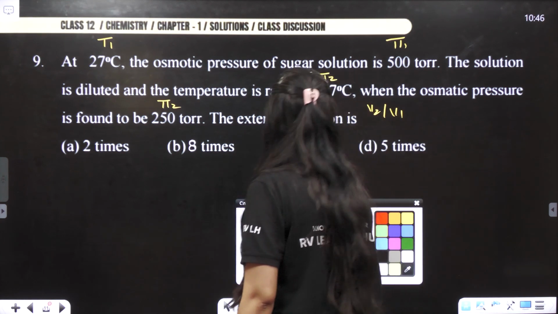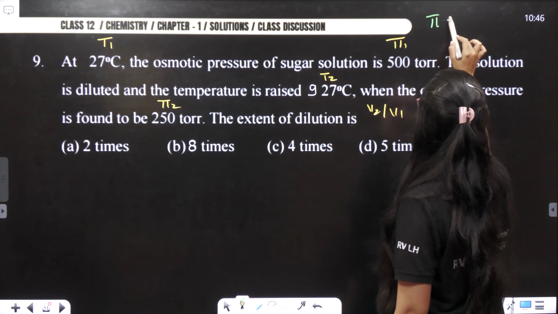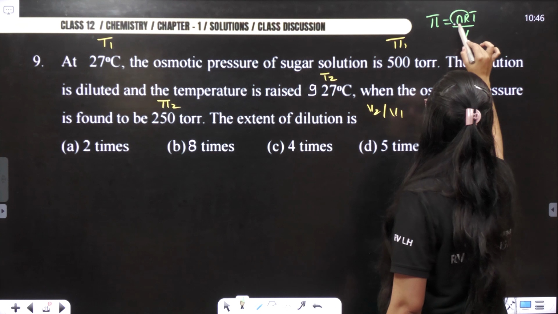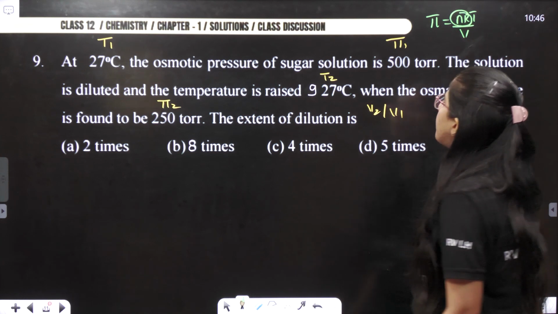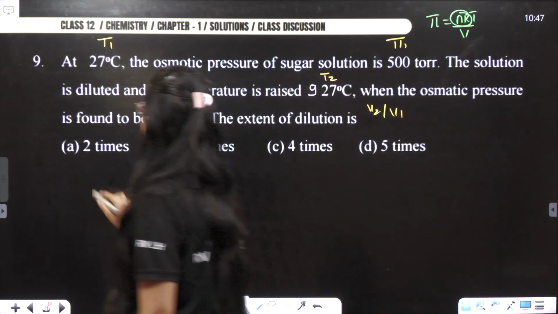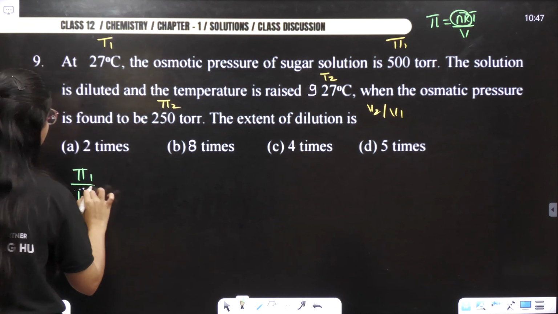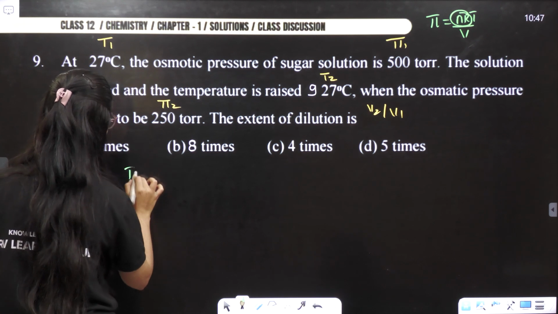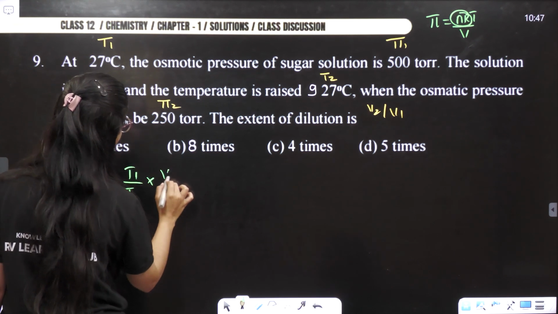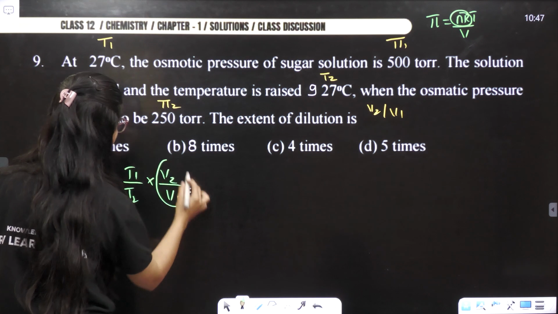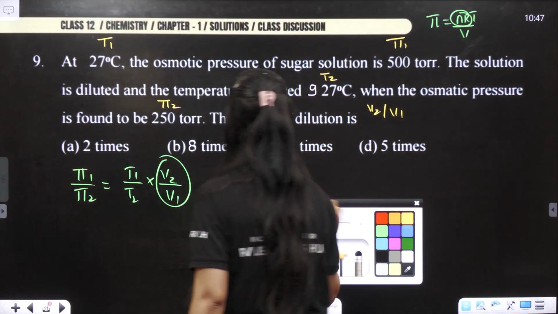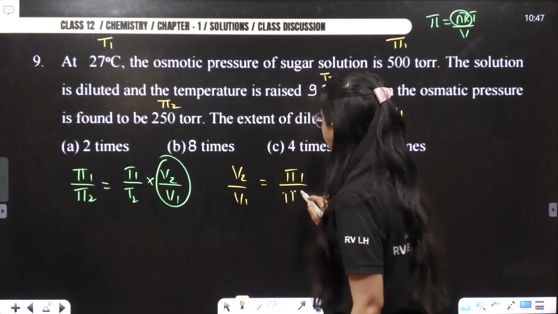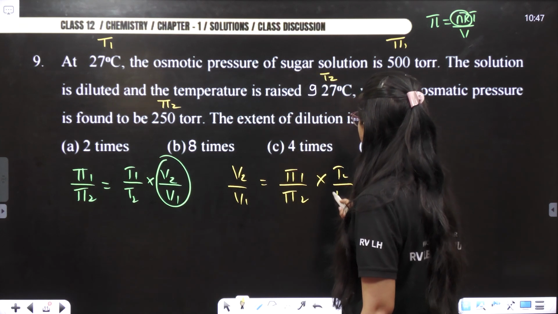So clearly, as you know, osmotic pressure pi is equal to nRT divided by V. Here n and R are constant, only T and V are being changed. So you can consider pi 1 divided by pi 2 to be T1 divided by T2 multiplied by V2 divided by V1. You need V2 divided by V1, which will be equal to pi 1 divided by pi 2 multiplied by T2 divided by T1.